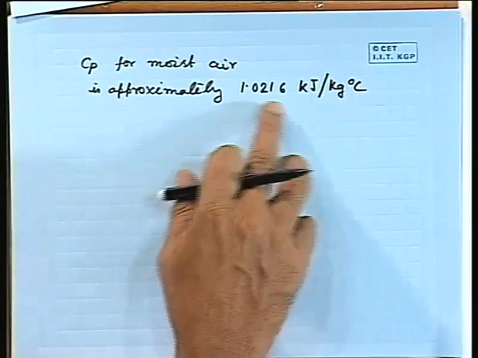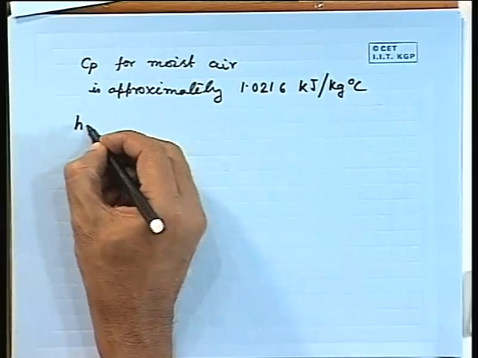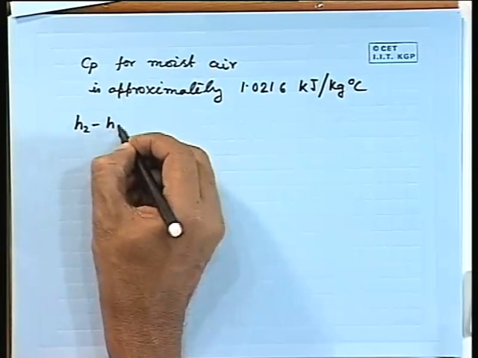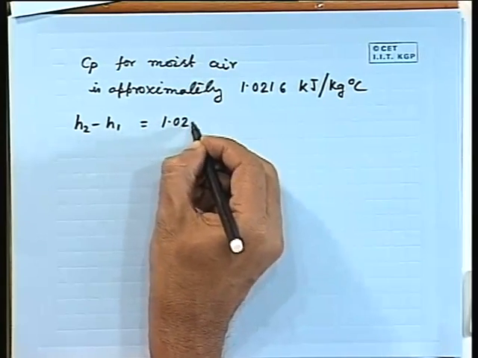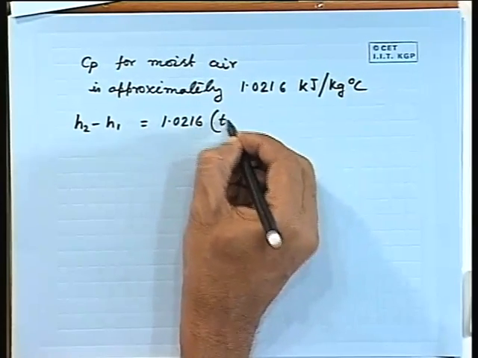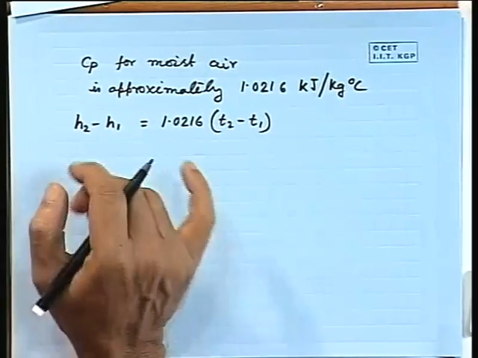So, H2 minus H1 will be equal to 1.0216 (T2 minus T1). But mind that this is approximate calculation, only for quick calculation we use this value, otherwise we use the formula which we have derived earlier.